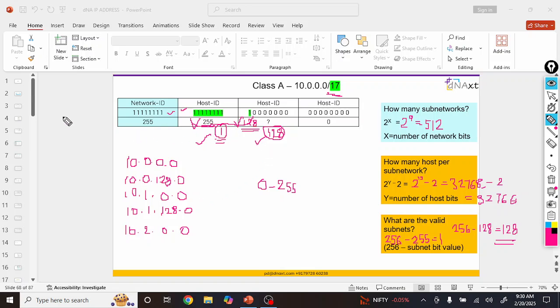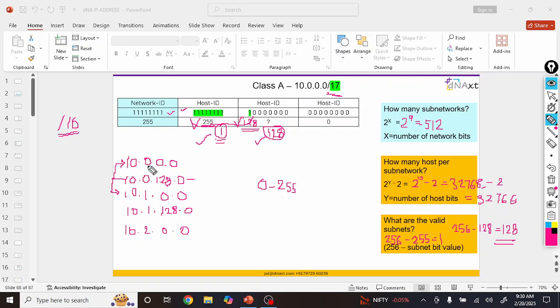Previously in slash 16 there was an increment of 1 in the second octet, so we were writing 10.0.0.0, 10.1.0.0, 10.2.0.0, 10.3.0.0. Now we have sliced up the IP addresses lying between 10.0.0.0 and 10.1.0.0 again into half.